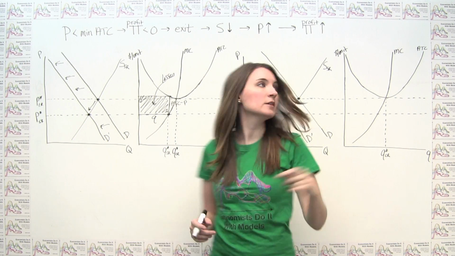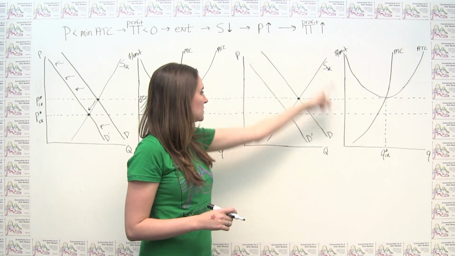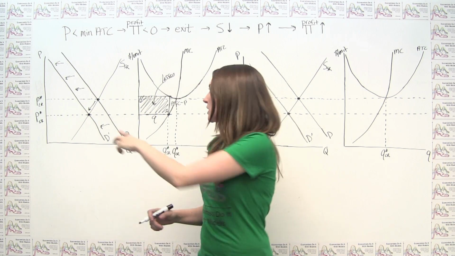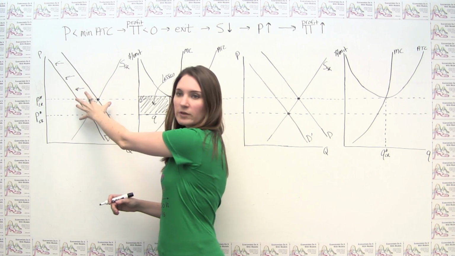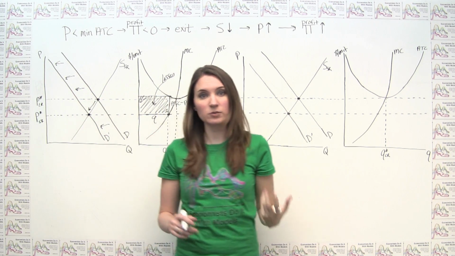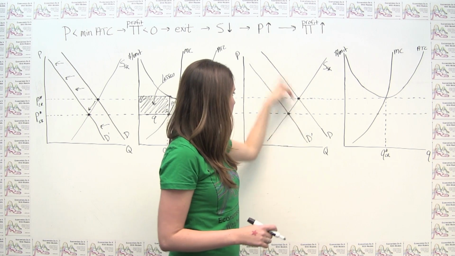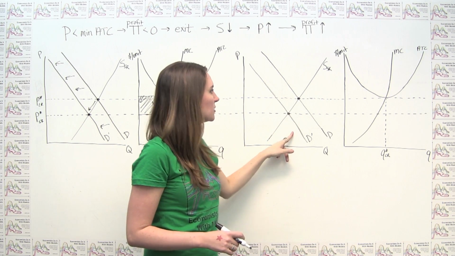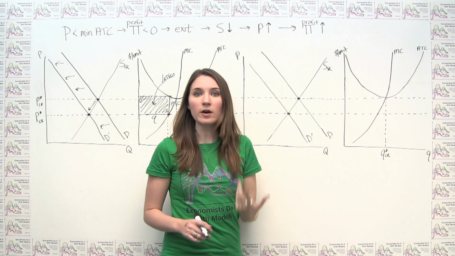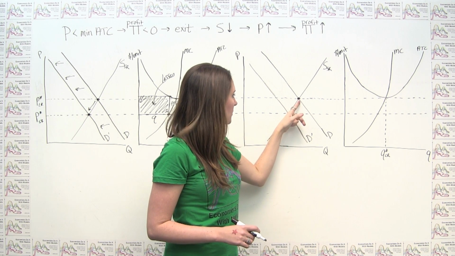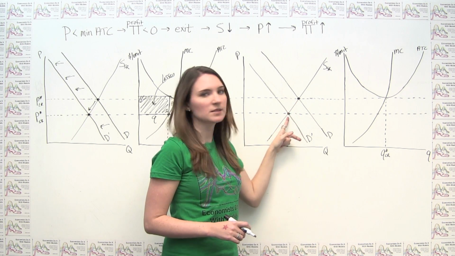So you can see here that I've started this third panel by just recreating what we've seen over here in the original short-run situation. So I have my original demand curve, my decreased demand curve, and what we've shown so far is a move from this equilibrium point here to this equilibrium point here.